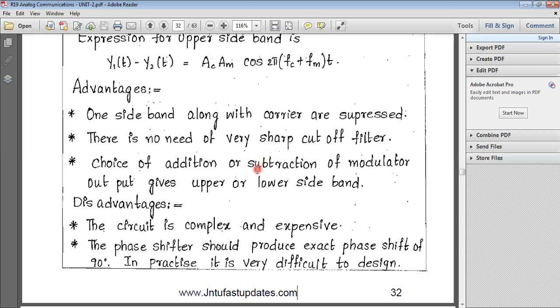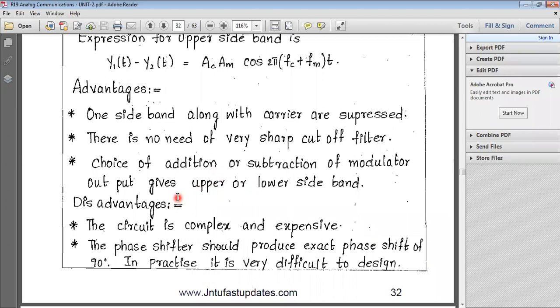And the third advantage is that the choice of addition or subtraction of the modulator output gives upper or lower side band. If we perform an addition operation, one band is cut, and similarly if we perform a subtraction operation, then also we can eliminate one side band.